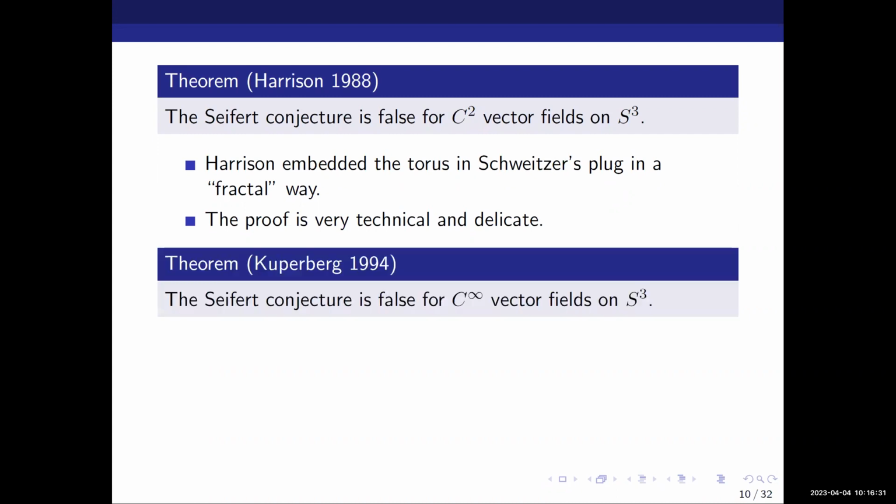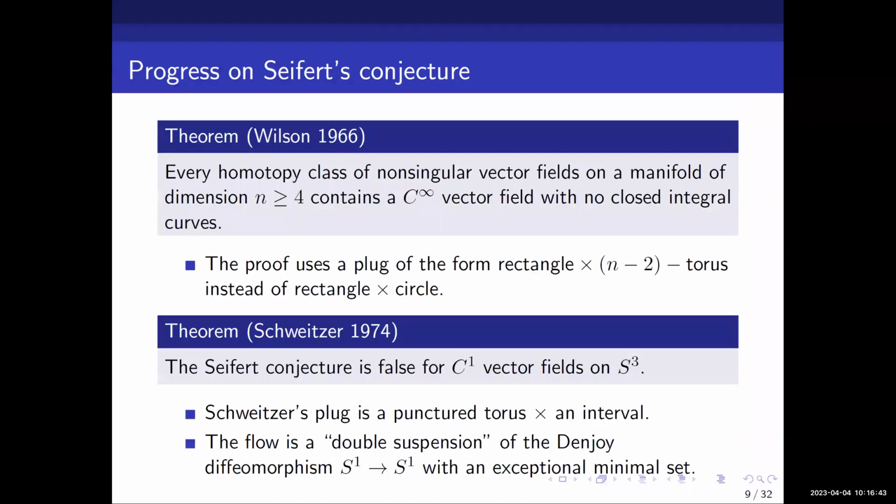But it wasn't very much longer that Kuperberg solved this conjecture for C infinity. And the way that she did it was quite different. Schweitzer's example, going back to Schweitzer here, was this tricky construction. Not as tricky as Harrison's, but still pretty tricky. But actually, Kuperberg went all the way back to Wilson.